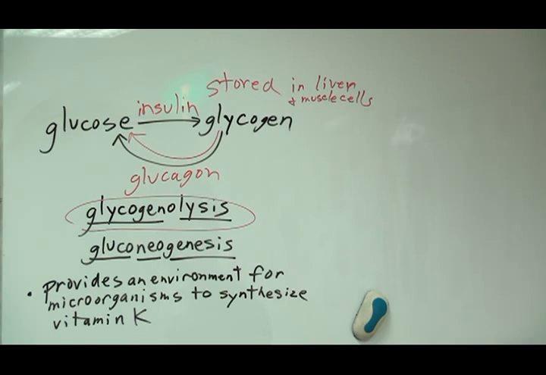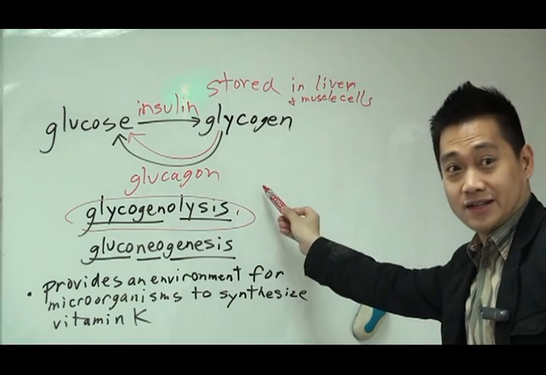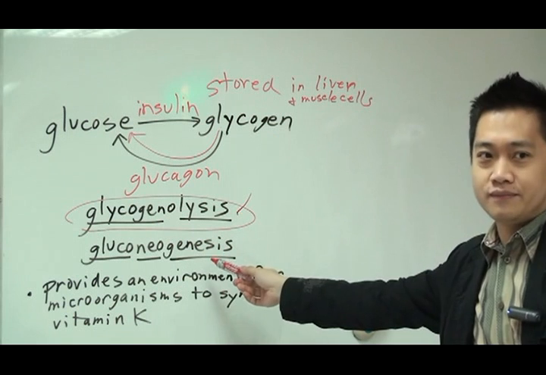So these are the two processes the body does whenever you don't eat. Remember, the body needs constant energy. But if you don't eat, where does the body get the energy? From these two processes. This one comes from glycogen. This one, what does it mean?